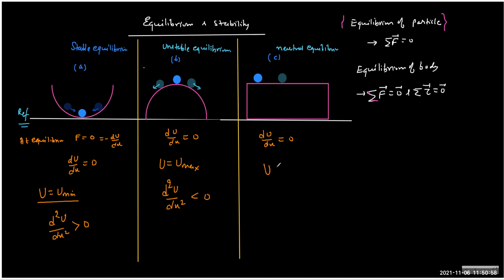Here it is constant, so the second derivative is also zero.